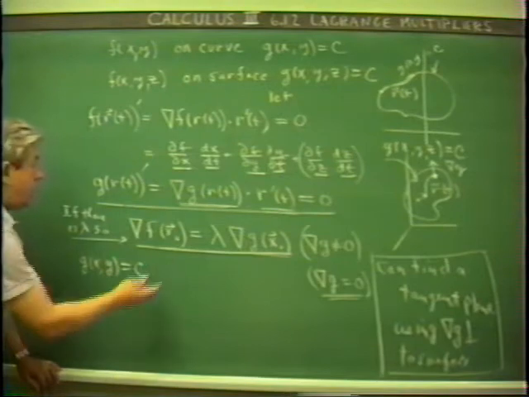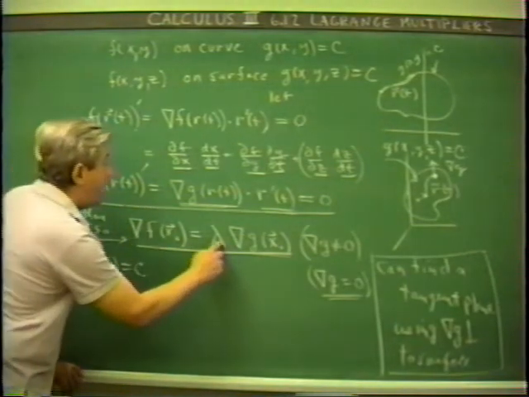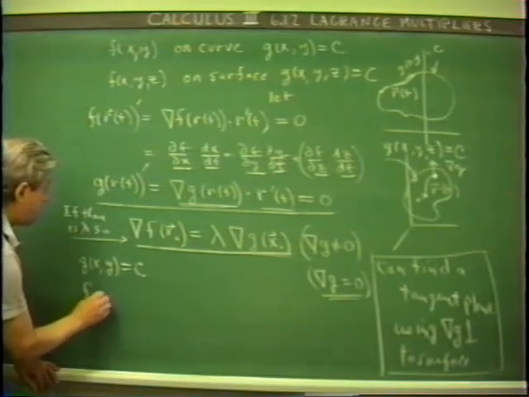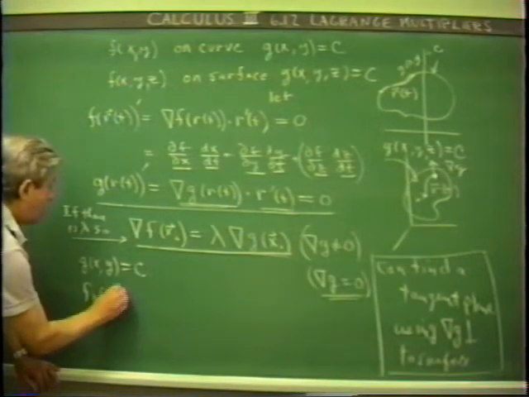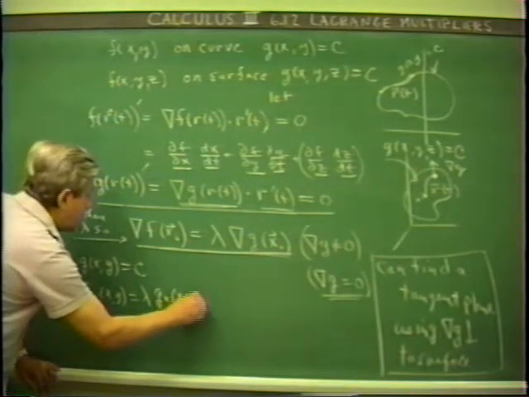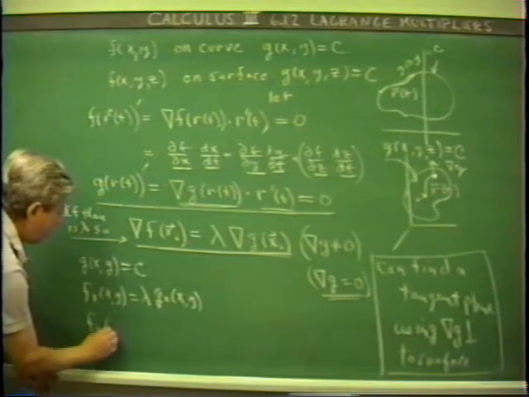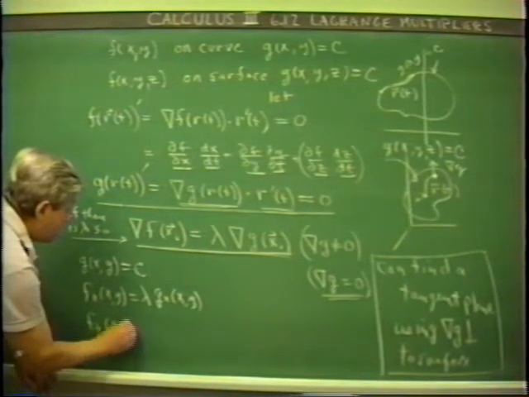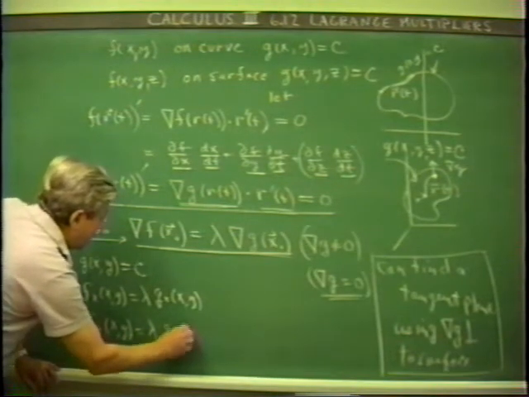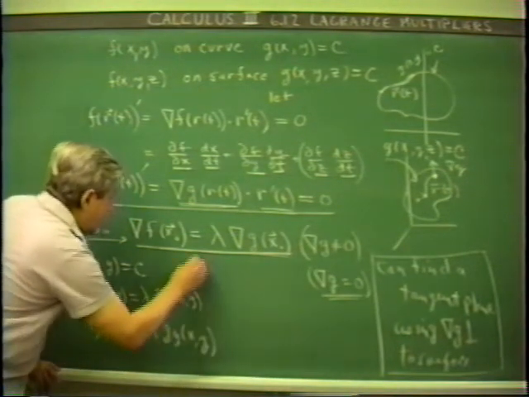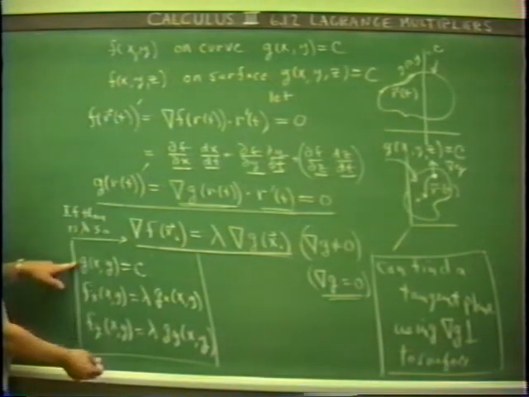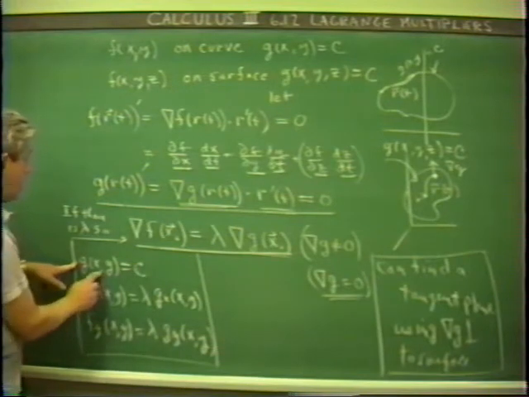What does this consist of? This consists of the fact that we're going to have several equations to solve. The first one is going to be simply that g of x and y, for example, is constant. The second one is that the gradient of f is going to be a multiple of the gradient of g. So we're going to have the partial of f with respect to x at x and y is going to be some multiple of the partial of g with respect to x at x and y, and the partial with respect to y at x and y is going to be the same multiple of the partial of g with respect to y at x and y.